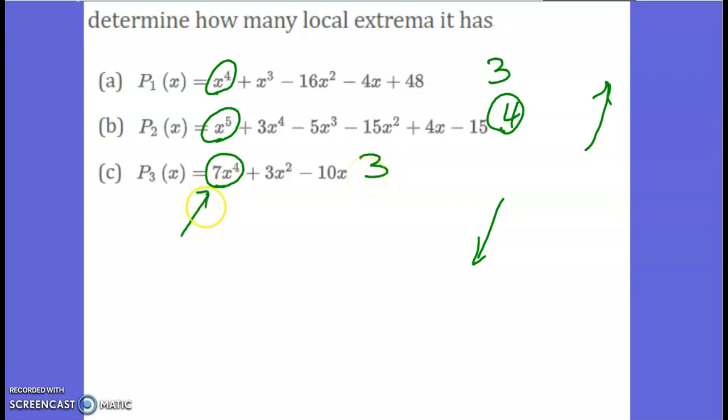And notice the 4th power is positive, so I know that the end behaviors will look like that. So what happens in between, I know that it's going to turn at least 3 times. And notice it would look like there, there, and there. Something like that. If we graphed it, we could find the local minimum and local maximum, but we just really want to find the number of local extrema, and that's what that little rule says.